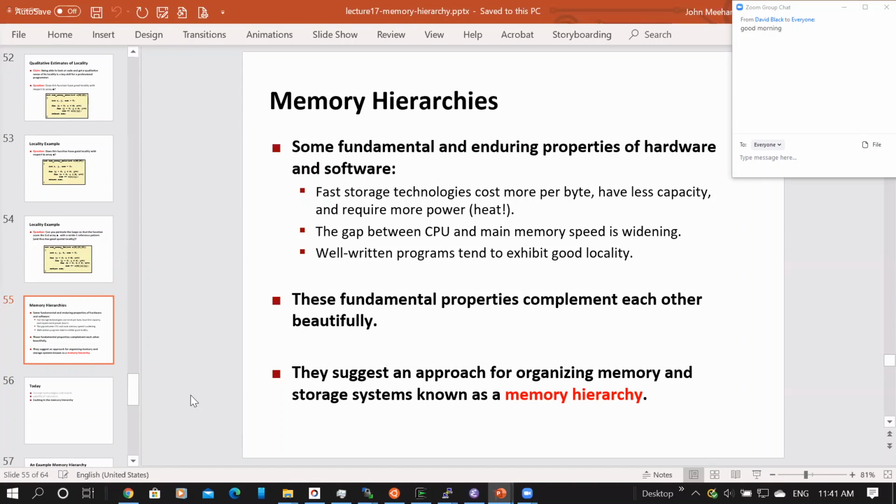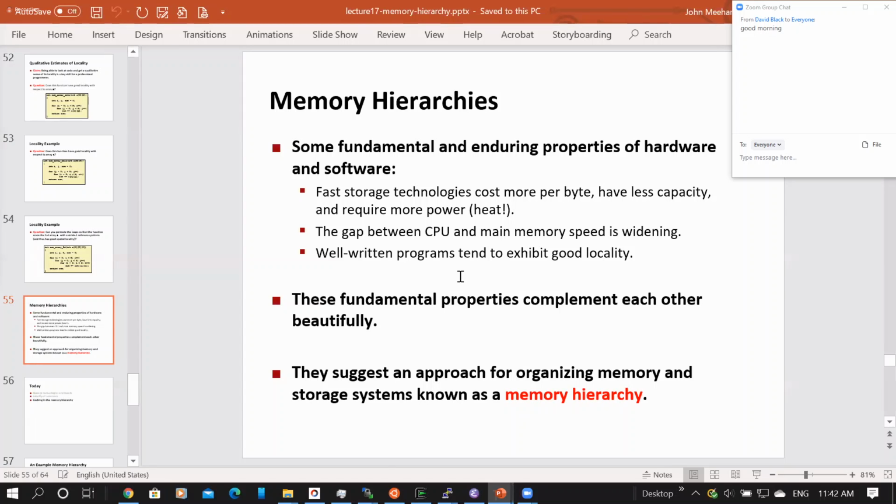So, memory hierarchies, some fundamental enduring properties of hardware and software. Fast storage technologies cost more per byte, have less capacity, require more power, and generate more heat. The gap between the CPU and the main memory speed, the DRAM memory, is getting wider and wider.